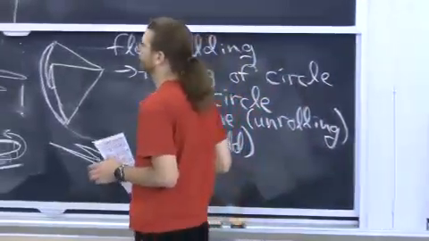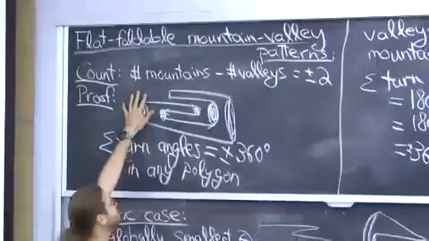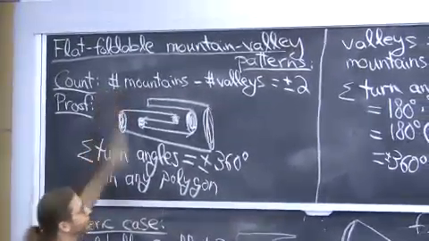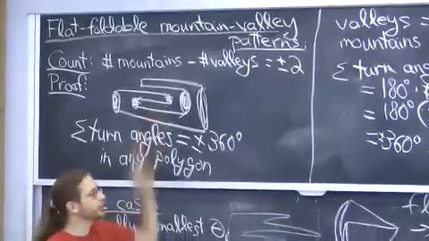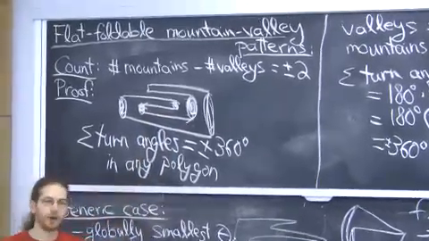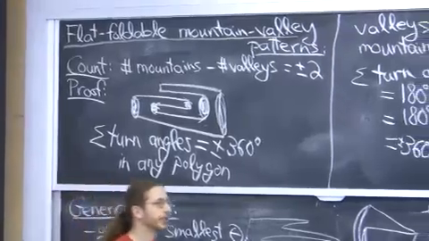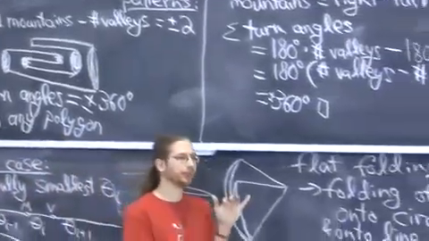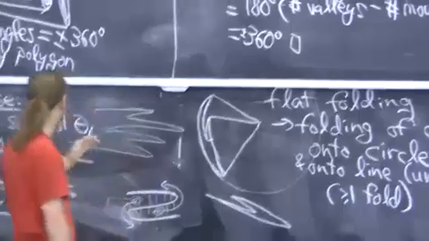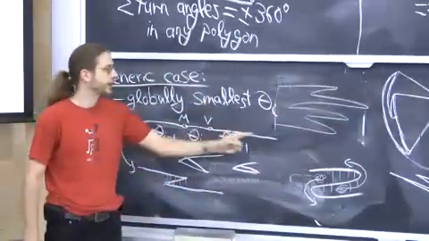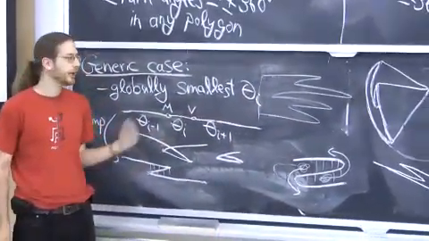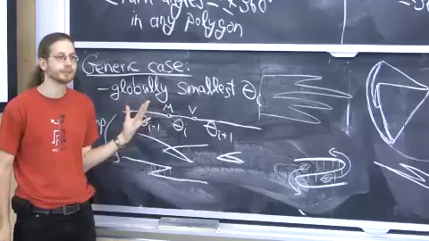So to do that, we're going to generalize this theorem. Maekawa's theorem is just that the number of mountains minus the number of valleys is plus or minus 2. That's true. And it's a statement about the sum of all of the angles, all of the creases. What I'd like is something a little bit more localized. In particular, when I have a whole bunch of angles that are equal, how many mountains and valleys can there be in there?